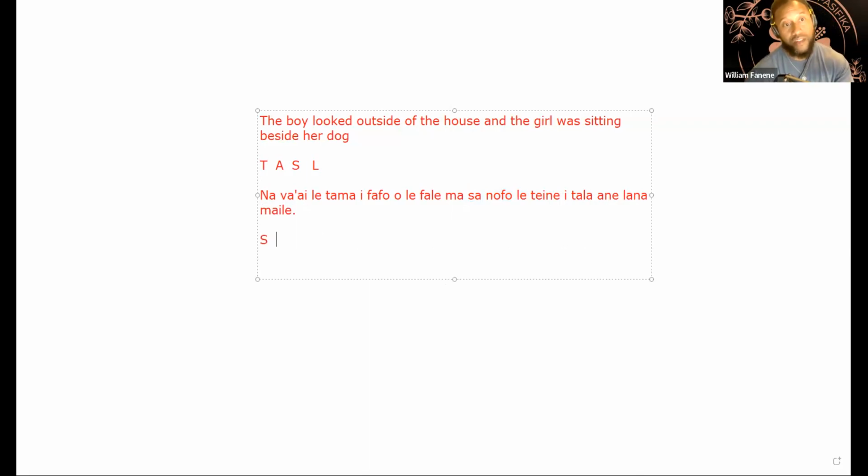We can start with our subject and then our tense and then our action, and then we would add something like the particle i and then the le. We're not there yet. So I don't want to say you never start with a subject because that's not true. But for where we're at right now, this is really good what you guys said. Na va'ai le tama i fafo o le fale ma sa nofo le teine i tafa o lana maile.